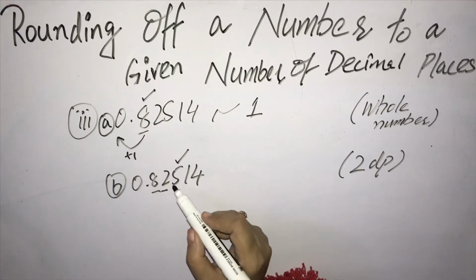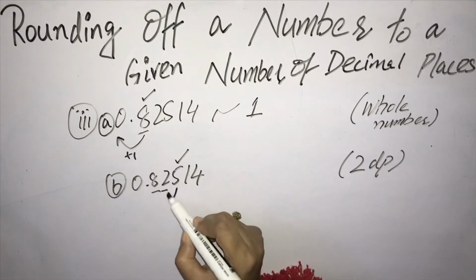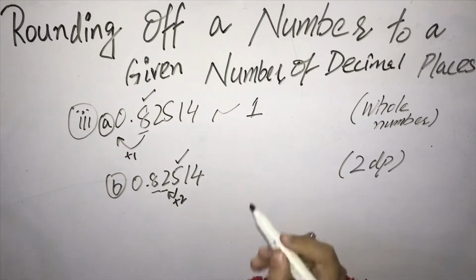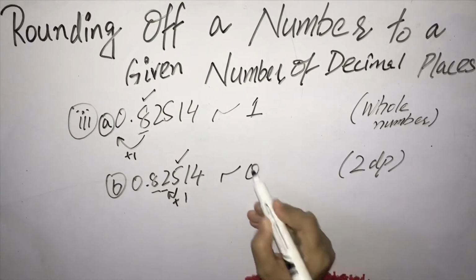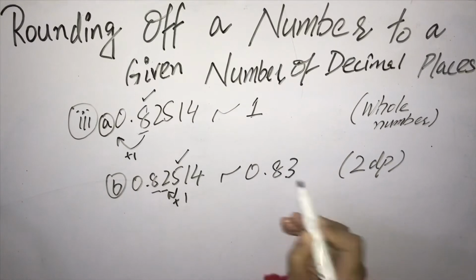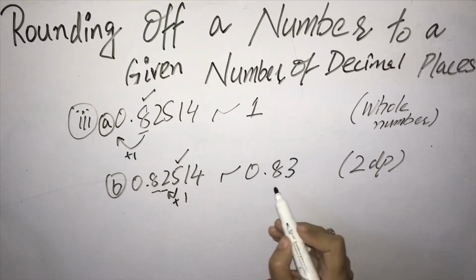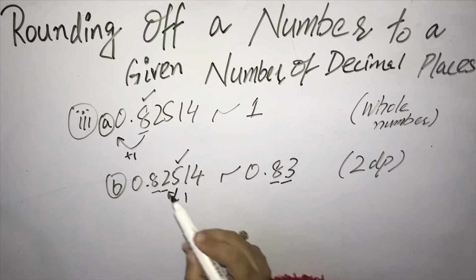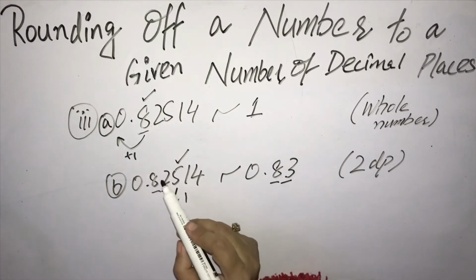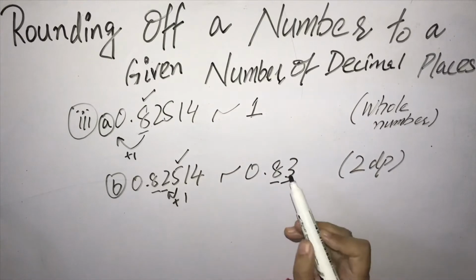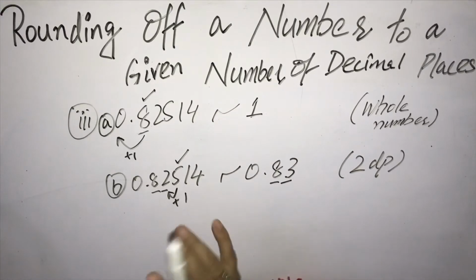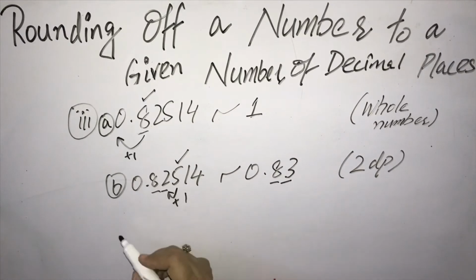As third one is 5, so it will give 1 to the previous number, and my final answer will be 0.83. The answer has 2 decimal places, and this 5 has given 1 to the previous number, which was 2. 2 has become 3, and 5 and 4 are dropped.